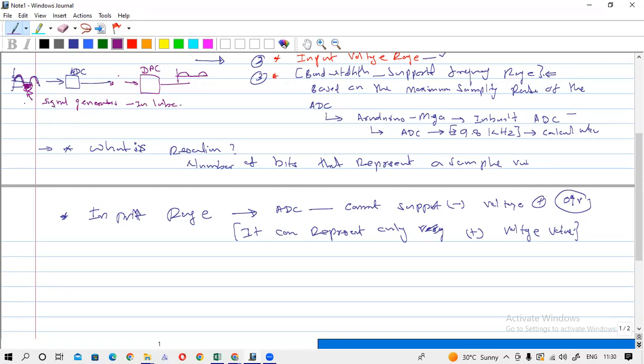Can you think of a way to get this part also sampled? You have to do something to this signal. Only two words.